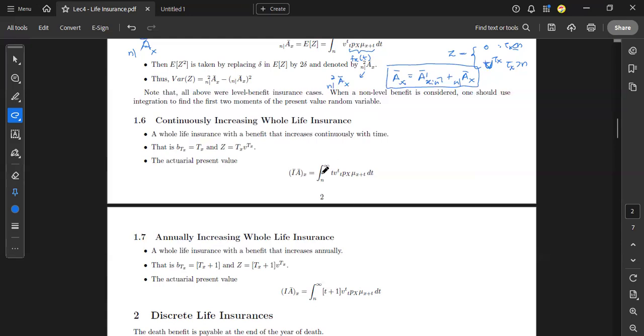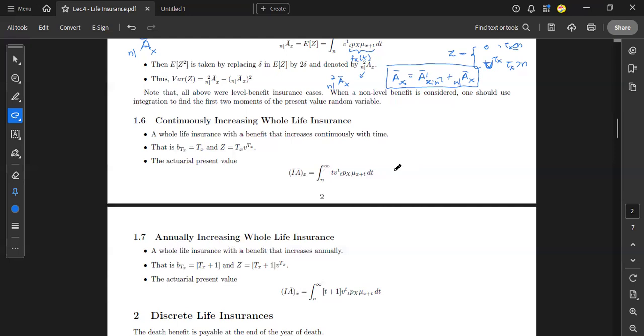But suppose, without having step functions, we say the benefit is proportional to the age. That means if a person, starting from 25, dies at age 27 and 6 months, that means they have survived 2.5 years. So then your base benefit is 100,000.